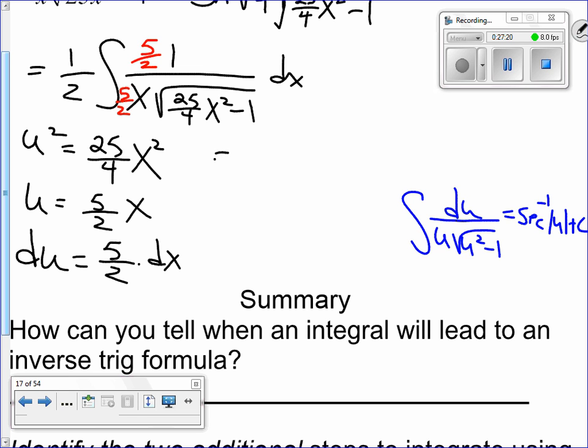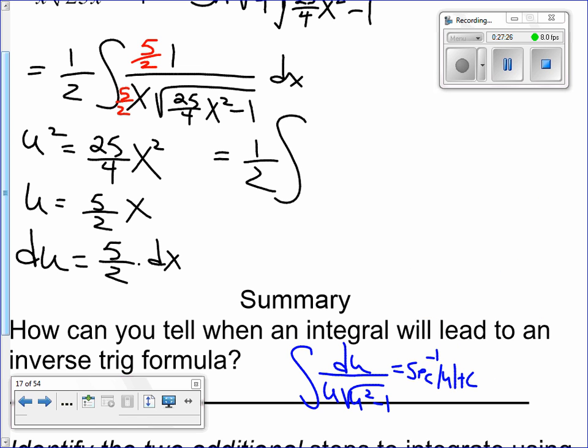So we've got the 1 half out front. What about this whole numerator, the 5 halves dx? What can we replace that with? Du. Out front here, we've got a 5 halves x. That's u. And then we have the square root of 25 fourths x squared minus 1, which is u squared minus 1.